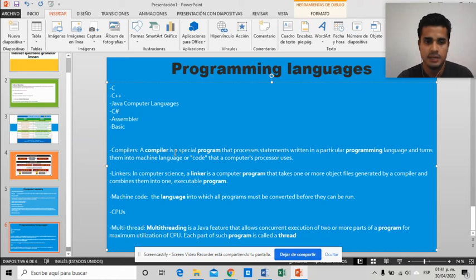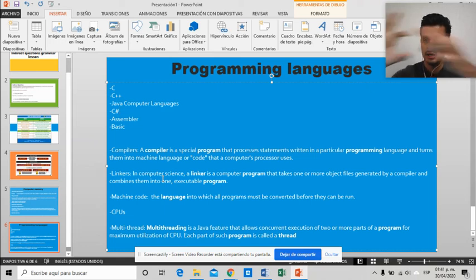Okay. The linker. In computer science, a linker is a computer program that takes one or more object files generated by a compiler and combines them into one executable program. So basically, if you have, like it says here, more than one file generated by your compiler, the linker, you guys remember what a link is?